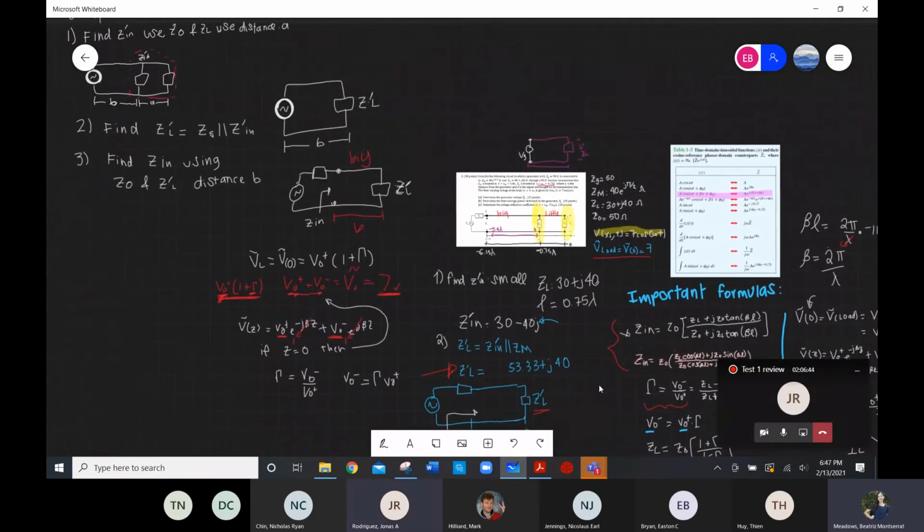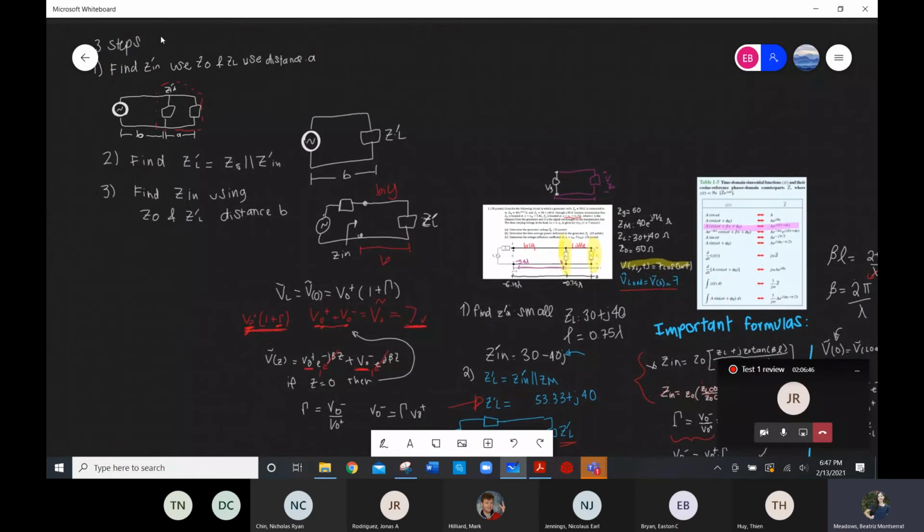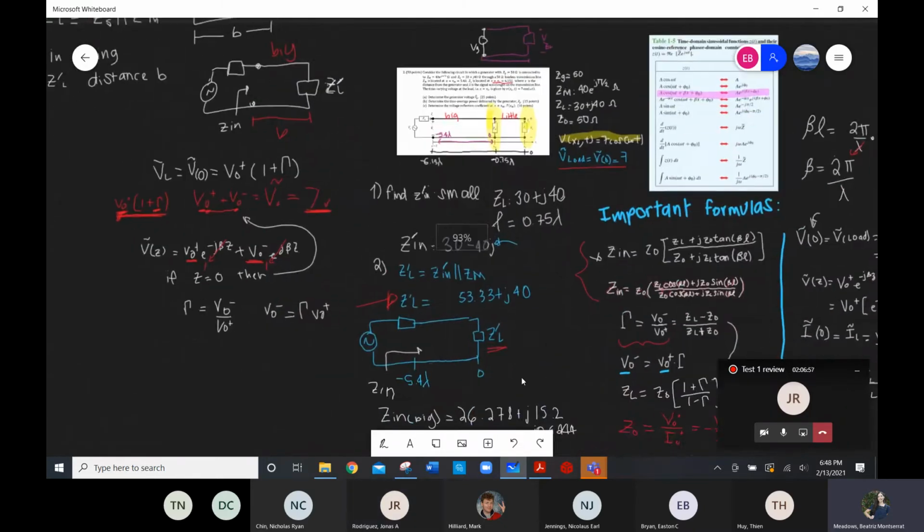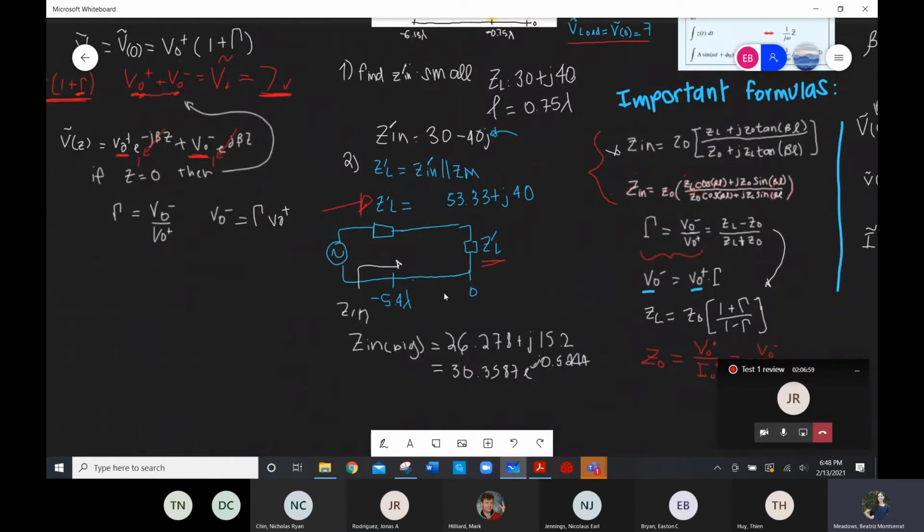The first thing we did was the 3-step approach to understand just the impedances, right? And that helped us break the transmission line into two, the little one and the big one. And all we did for the big one was find the input impedance and the Z prime L, okay? So once we found that voltage, we already have our Z and our Z prime L, we can find our gamma, and we should be okay.